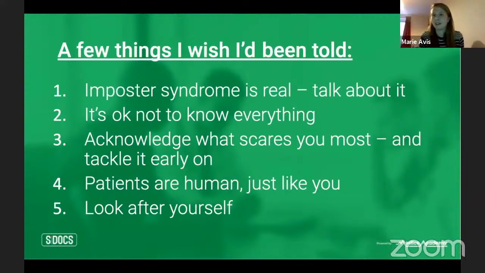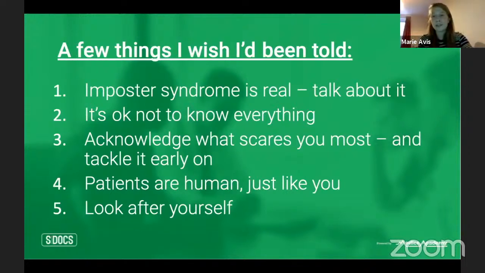Am I just blagging it? But everyone feels like that at some point. Everyone. If you've read Adam Kay's book, he feels like that all the time, even when he's going up to the upper levels of registrar. So talk about it. Talk to your friends, talk to your peers, talk to your family, talk to anyone and everyone about it, and normalize it for yourself and for others. You'll thank yourself for it.